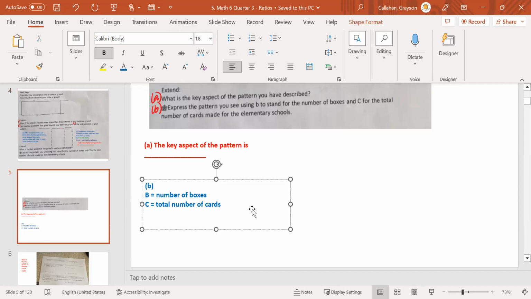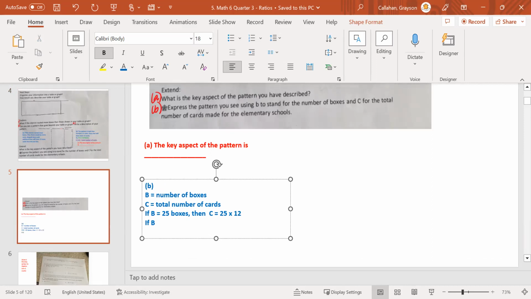So then you can say, if B equals 25 boxes, that's what they had in the first question, right? Then C, the total number of cards, is 25 times 12, right?